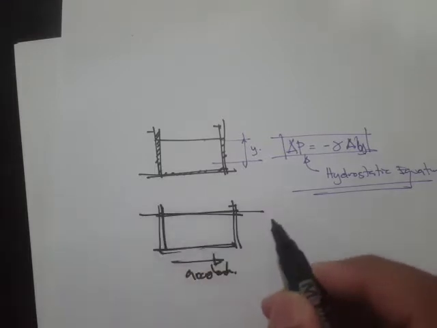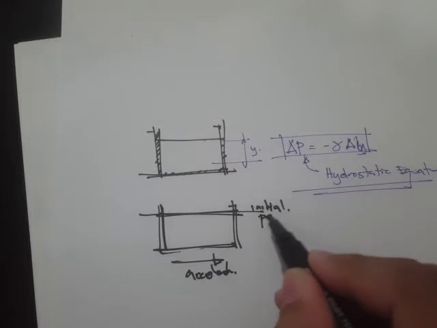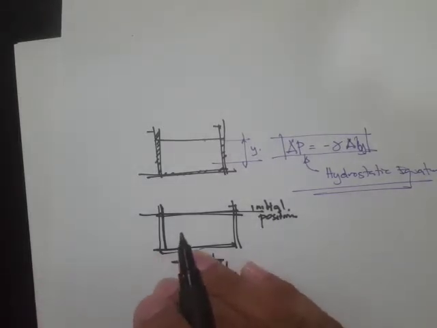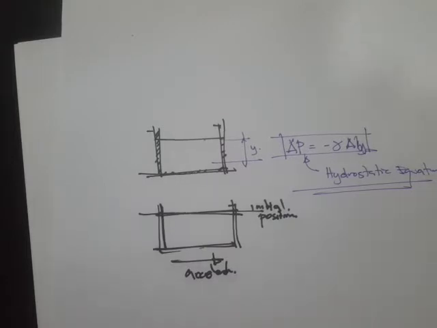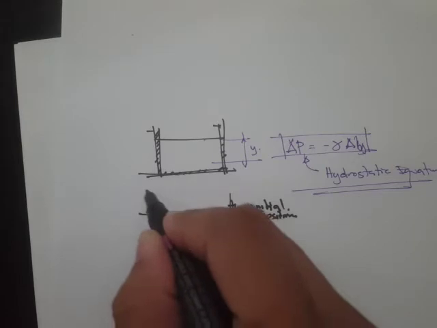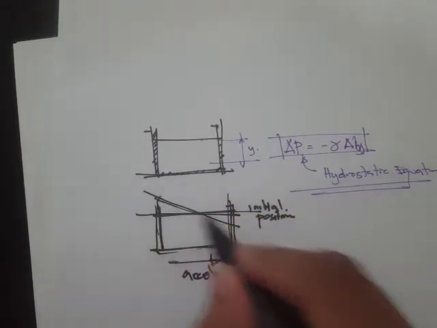Initially we have a straight line. Let's say this is our initial position of the free surface, but if the container starts to accelerate at a constant acceleration, then this straight line becomes tilted or slanted.